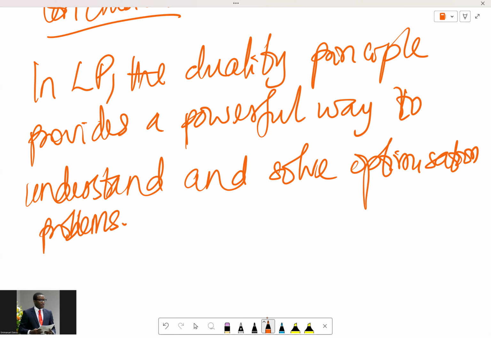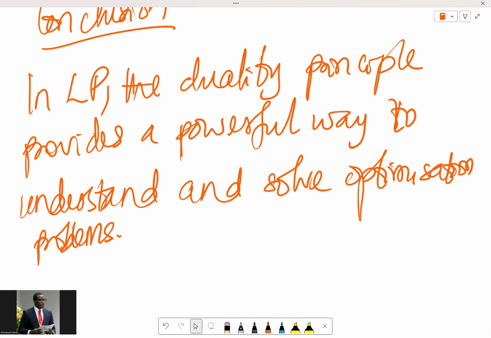In this lesson, we demonstrated the relationship between the primal problem and the dual problem using a concrete example. The dual problem gives us valuable insight into resource allocation, pricing, and cost sensitivity. And the strong and weak duality theorems help verify and optimize solutions efficiently.